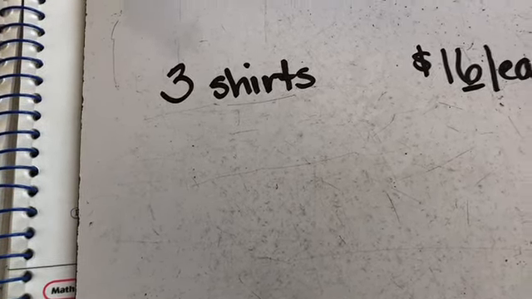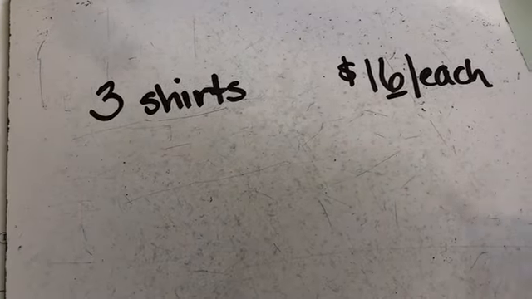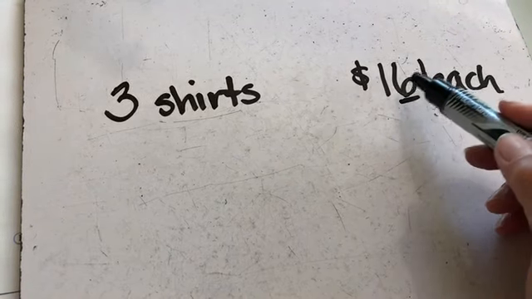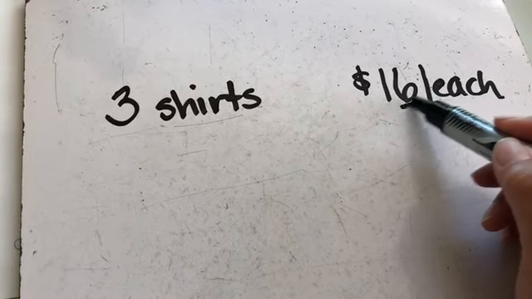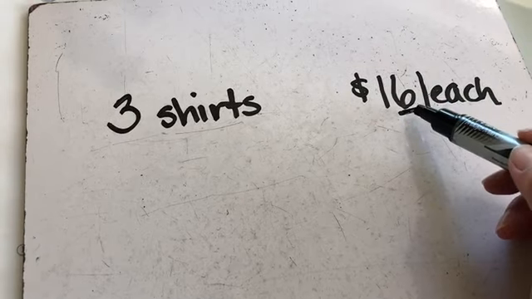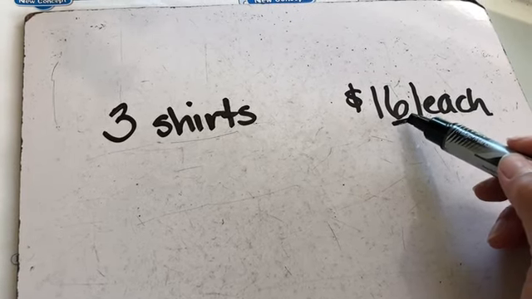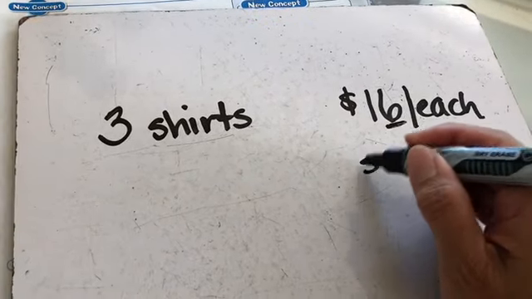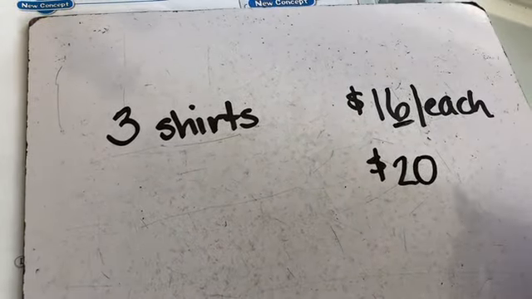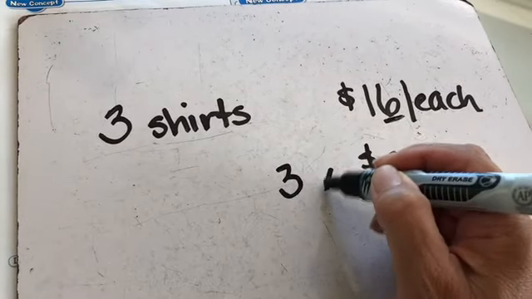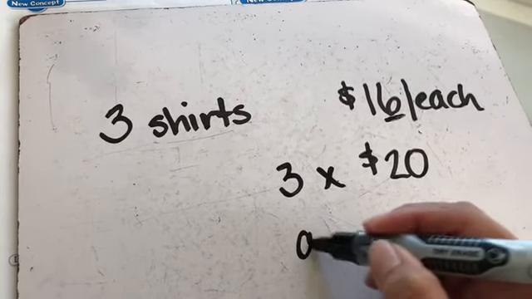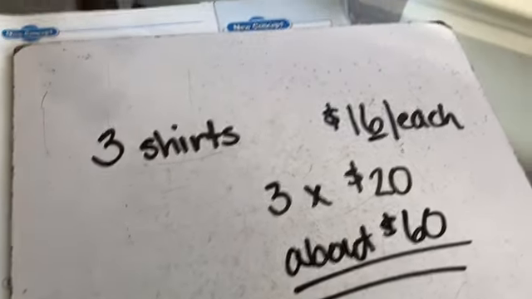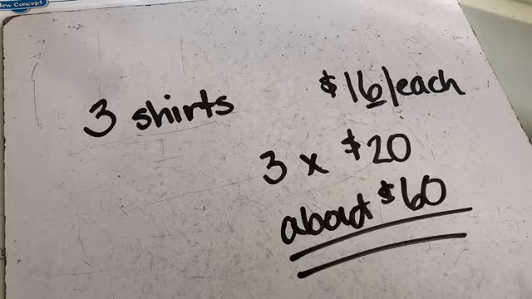So for you to figure that out, you need to take the $16. You're going to round it to the nearest 10 because it's a 2-digit number. You look at your tens place and you see that it is a number that is 5 or more. It's a 6. So then we're going to round up to $20. And then we multiply that times the 3 shirts, and our answer is about $60. So you can tell your mother you will be spending about $60.